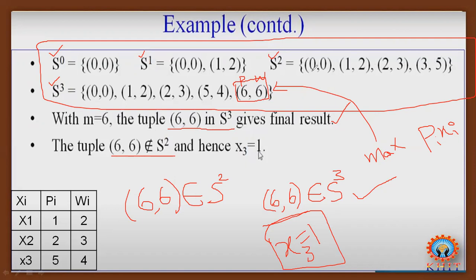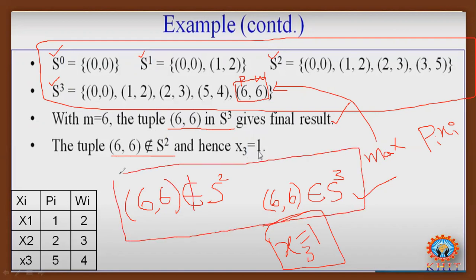The pair 6 comma 6 is not available in S2, but it is available in S3 only. So you can consider the value of x3 equal to 1. That means you get the maximum profit when you select 6 comma 6 in S3.